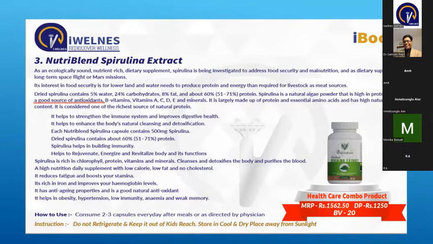Whatever effect you get from 1 kg of those vegetables and fruits, you can get with a maximum of 2 capsules of spirulina.